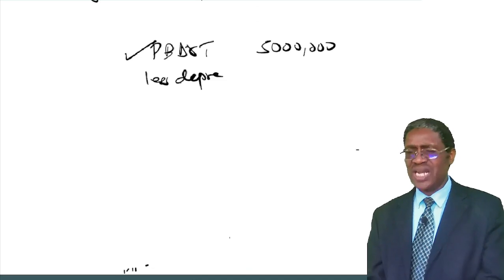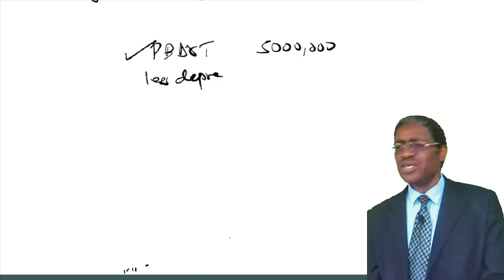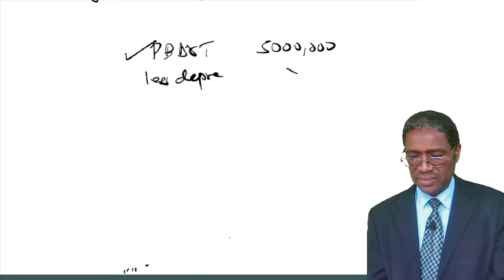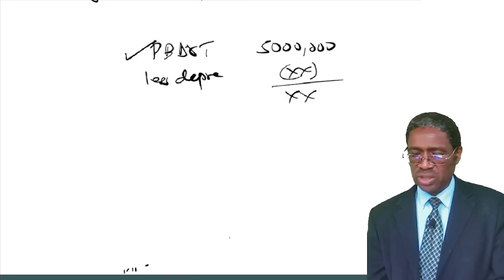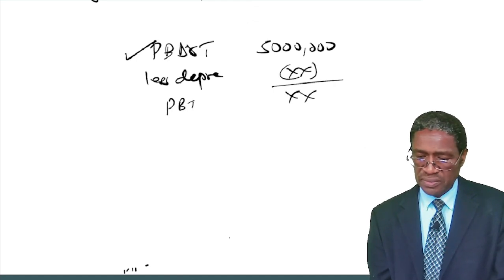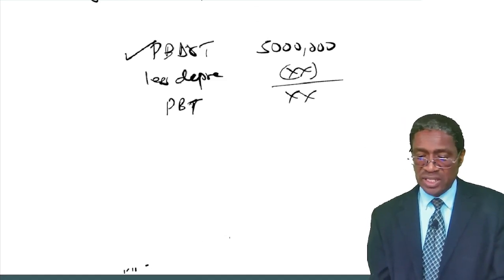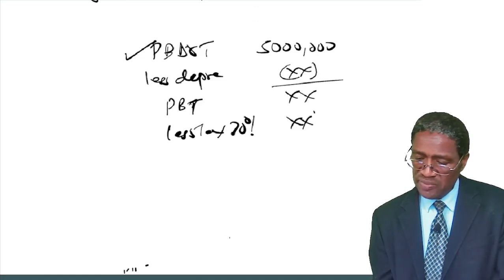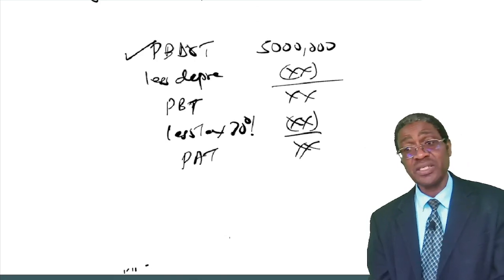Whether you're reducing balance or straight line, use the method they are giving you. Minus. Get what we now call the profit before tax. Profit before tax. Listen, then you less tax. Tax rate could be 30%, whatever it is, you minus. Get the figure we are calling profit after tax.